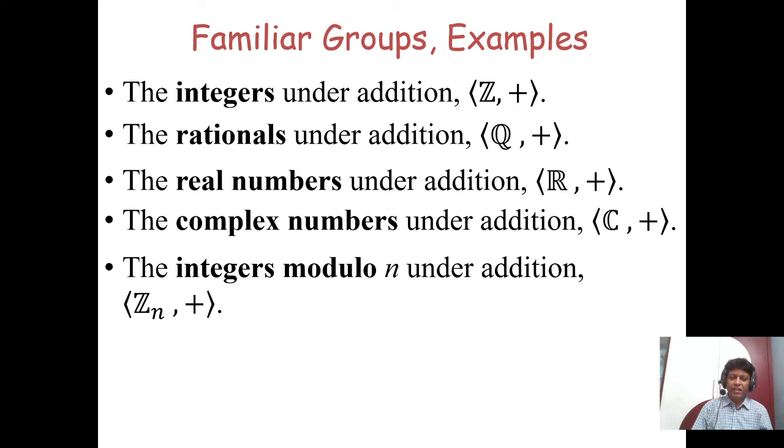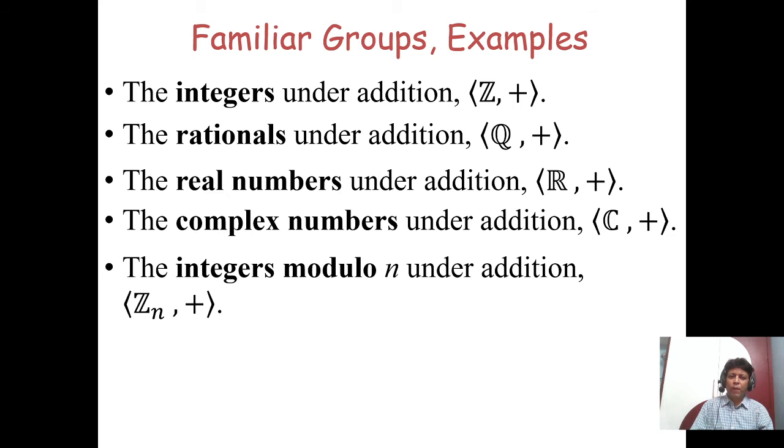So 0 is the identity element, and suppose 2 is an element of the set Z. Then minus 2 is the inverse element, the additive inverse, since 2 plus minus 2 is 0. This is how you can illustrate the groups with the properties.